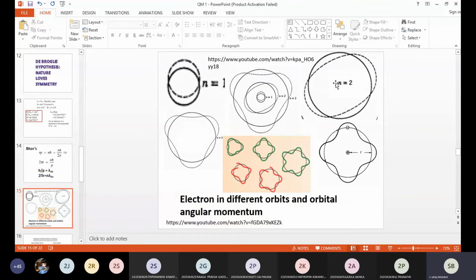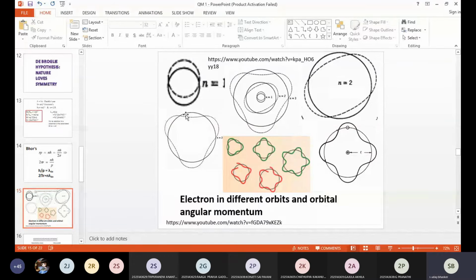How can you say that, sir? Because in all these other cases, these are acting like stationary waves. The wave that got generated over here moves and again moves and again moves, which means they are in perfect phase.